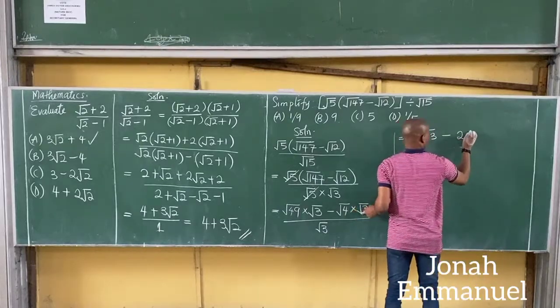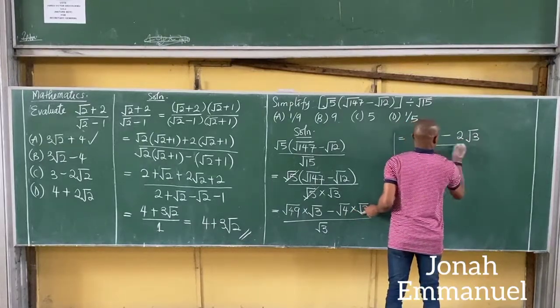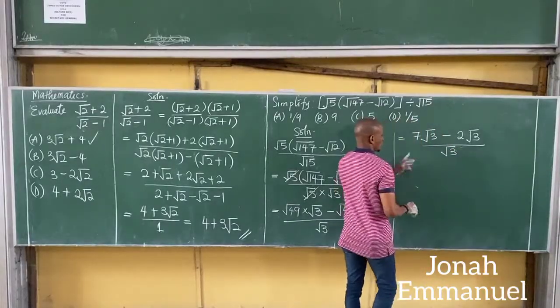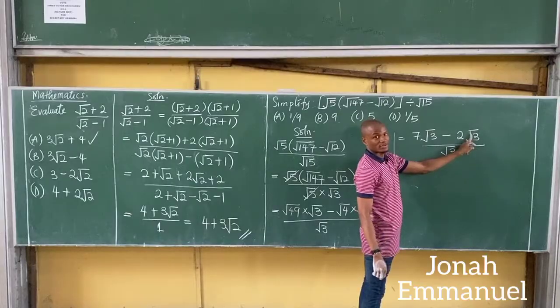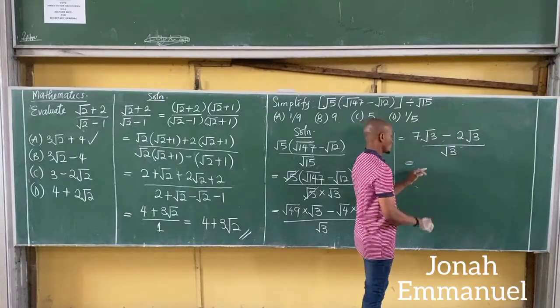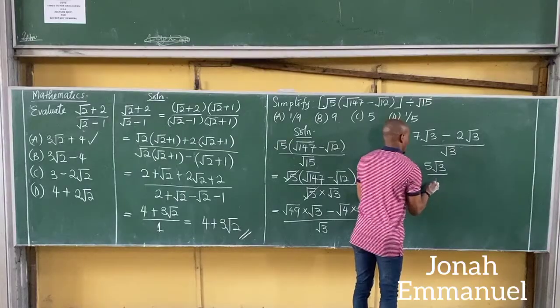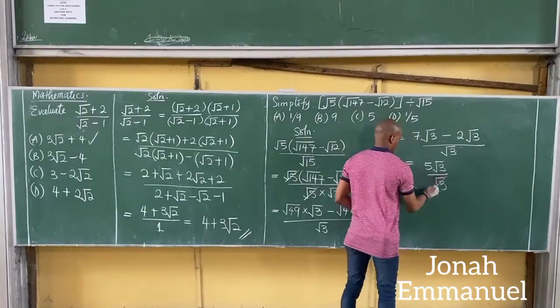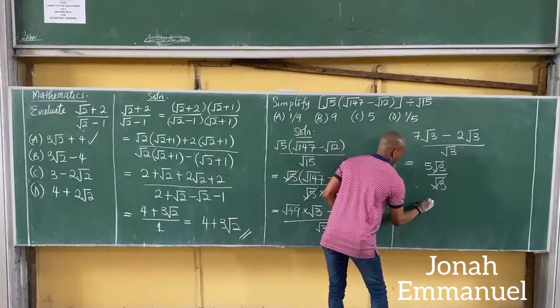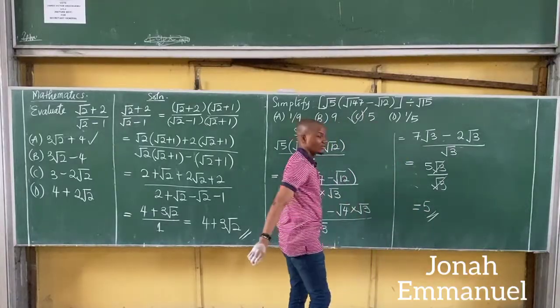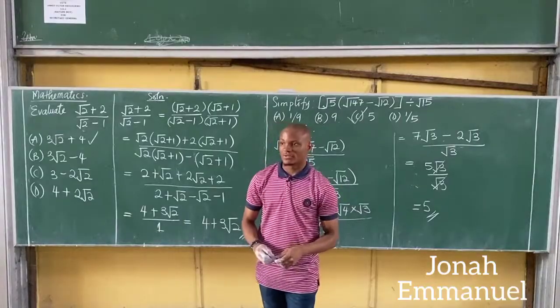That's 2 root 3, all over root 3. So it's now equal to, these two are similar sorts, so 7 minus 2, 5 root 3 all over root 3. What happens now? These cancel. My answer here is 5. That's option C.